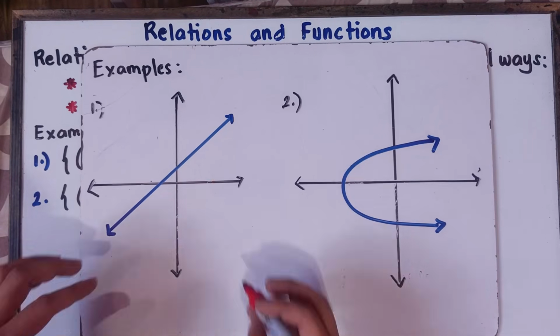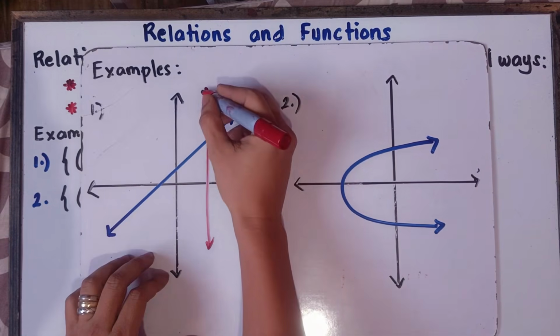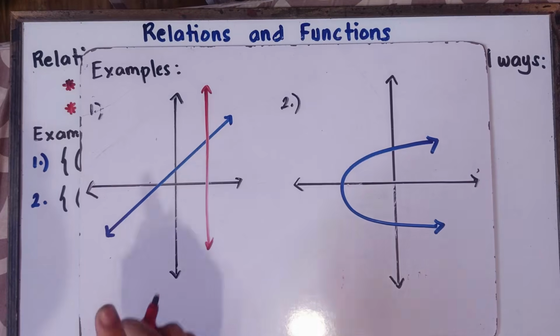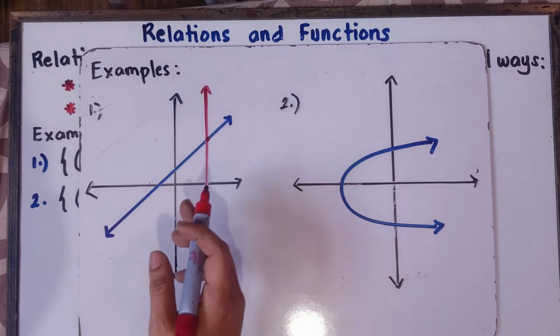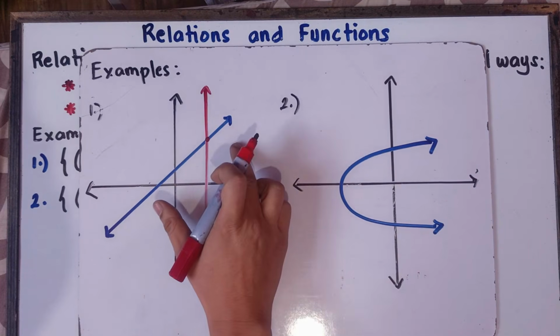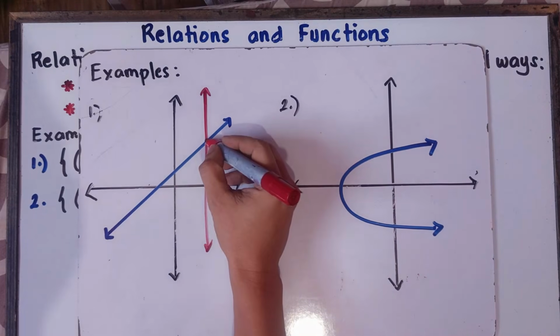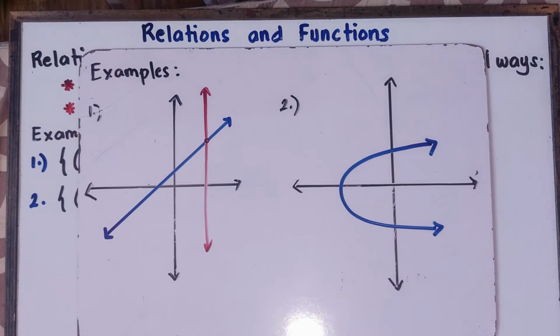Alright, let's draw that vertical line. How many points lie on this vertical line? That's correct, only one point. There's only one point intersecting the given graph.